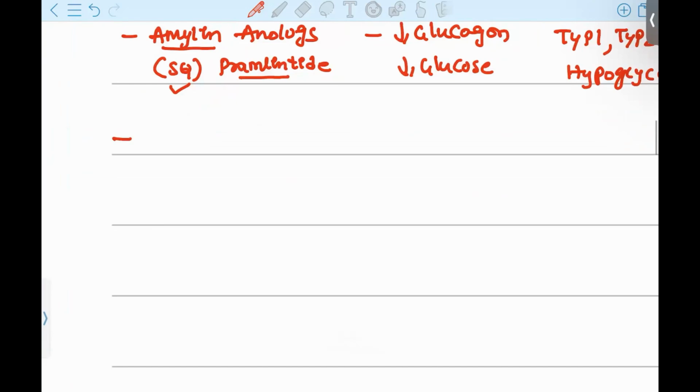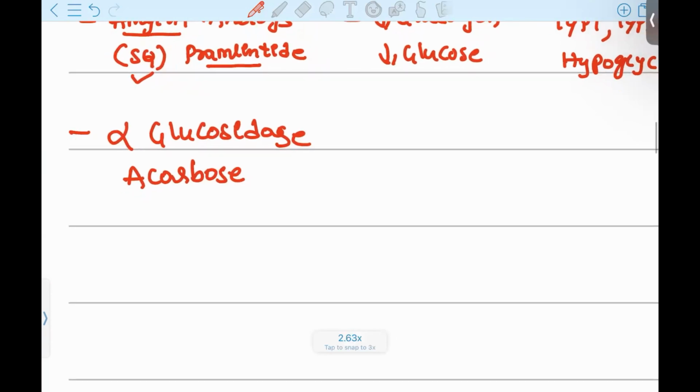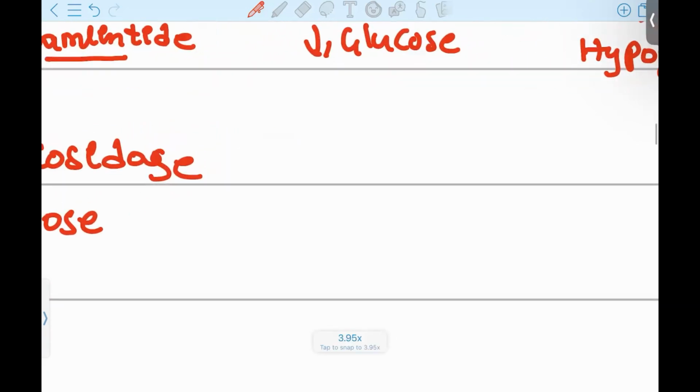Next classification is your alpha glucosidase inhibitors. The drugs are acarbose, voglibose, or miglitol. At least remember acarbose and voglibose. This also delays the gastrointestinal emptying. If the gastrointestinal carbohydrate emptying is decreased, the absorption is also decreased.